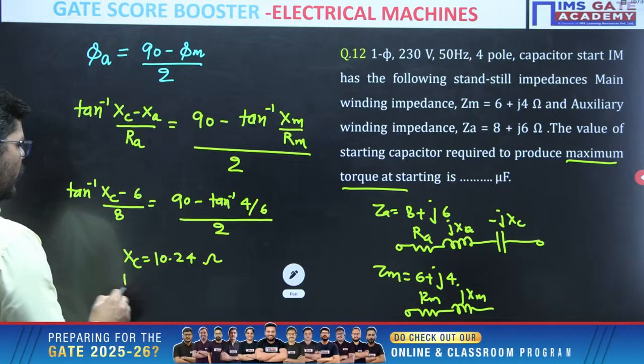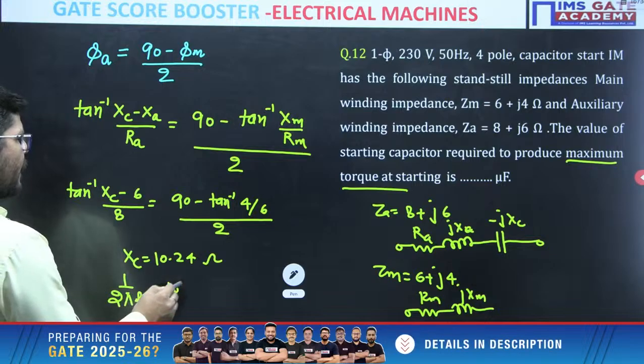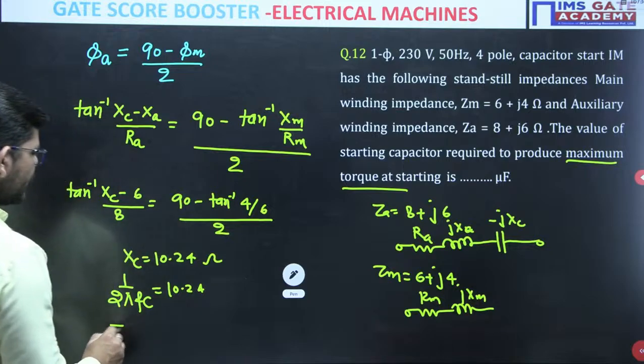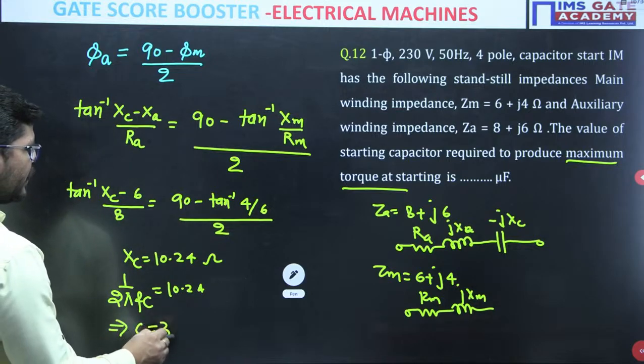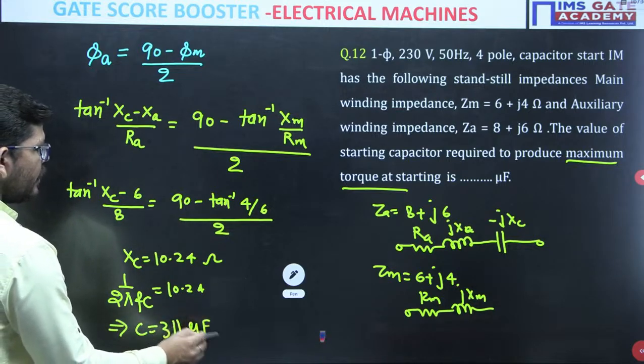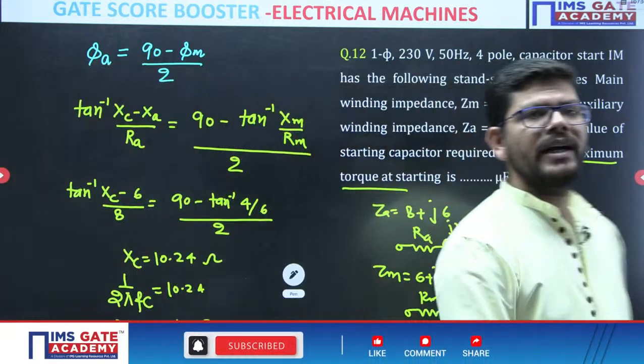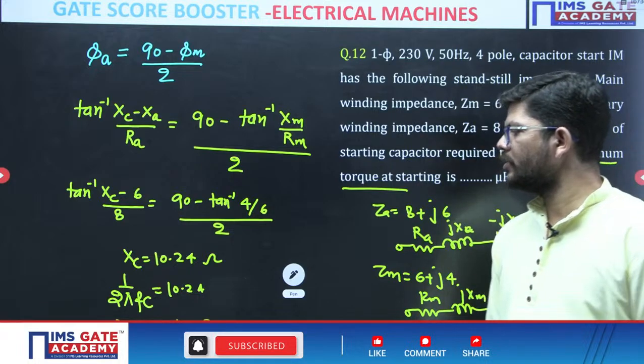Then equate it to 1 over 2 pi f C and calculate the value of capacitance. Capacitance might be coming 311 microfarad, right? Capacitance might be coming 311 microfarad.